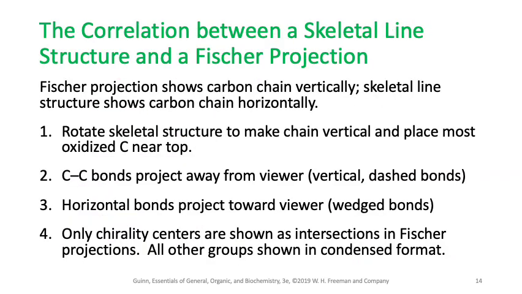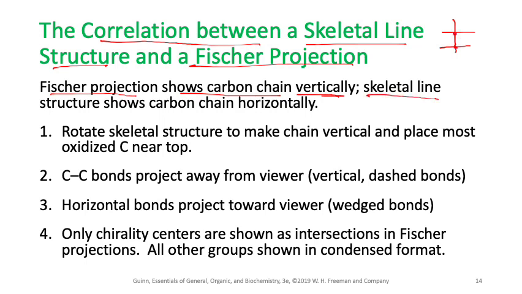Now let's try to make a correlation between the skeletal line that we just learned in the organic chemistry part and a Fisher projection, how they are different. So Fisher projection shows the carbon chain vertically, something like this, right? So as we already learned from the previous slide, the intersection is a chiral carbon, right?